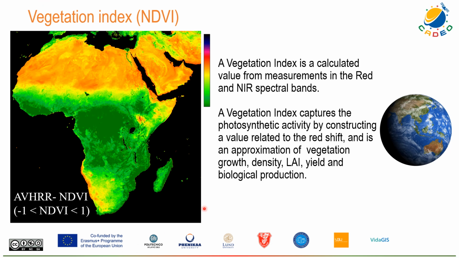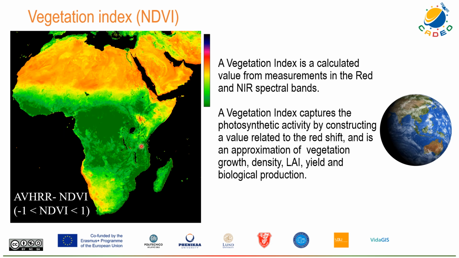We see, for instance, the image of Africa here, and it shows the NDVI, and we have put colors to it. The greener it is, the higher the vegetation index value, and the browner it is, the lower the vegetation index value. This pattern will be exactly what we can expect in Africa, where we have the rainforests at the equator.